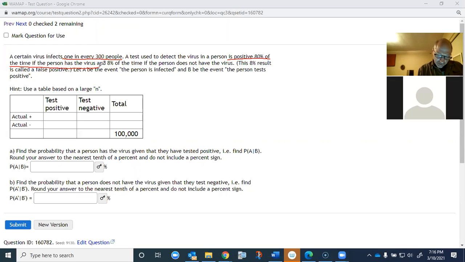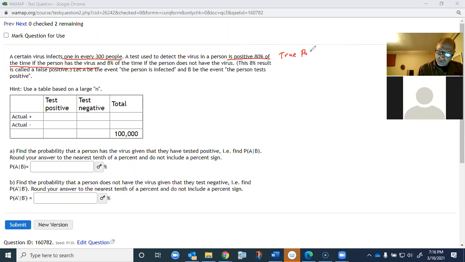And also there's a problem with the test, and this is true with most testing. They aren't all 100% effective, although 80% is pretty low. But 8% of the time, if the person does not have the virus, it still tests positive. See, it's positive 80% of the time if they have the virus, and 8% of the time if they do not have the virus. So it's positive 80% of the time when it has the virus, that is called a true positive.